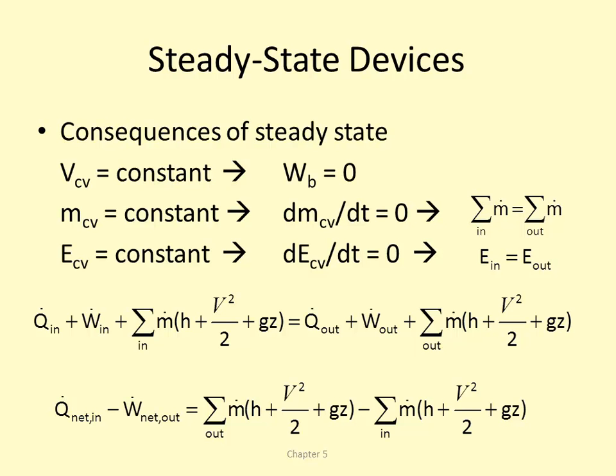Energy is constant, so dE/dt is 0. And there's no boundary work for a steady state system because our volume is constant. So it simplifies our equations down. Some examples of steady state devices: turbines, compressors, pumps, pipes, heat exchangers, anything else I forgot, throttling valves.